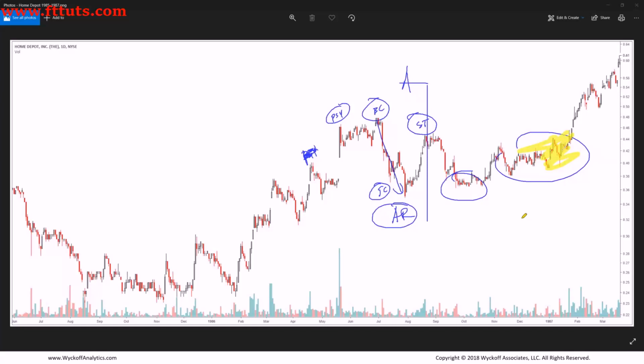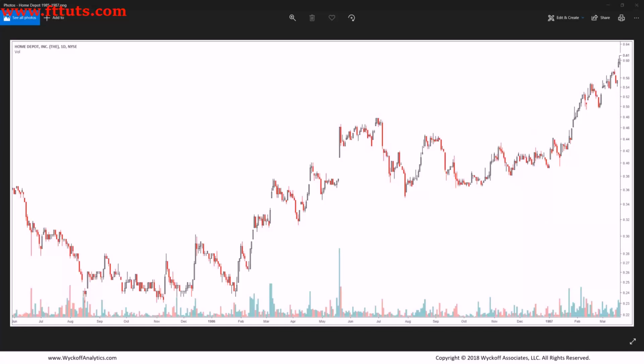Where I have the problem with this labeling is these 2 points right here. So I'm going to redo this a little bit, and then you'll see what I mean. So let's say that we're still in the automatic reaction secondary test, phase A, and then it goes into phase B and phase C. This doesn't really matter to us. But what comes before?